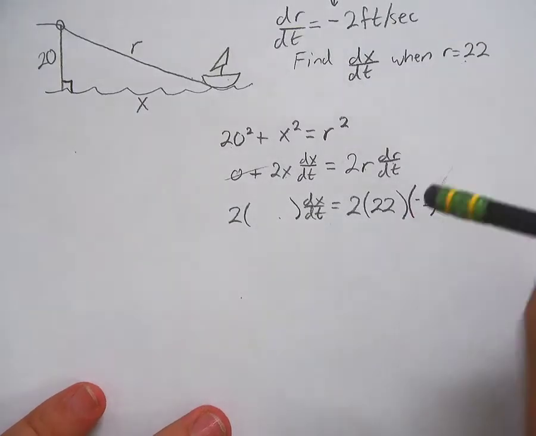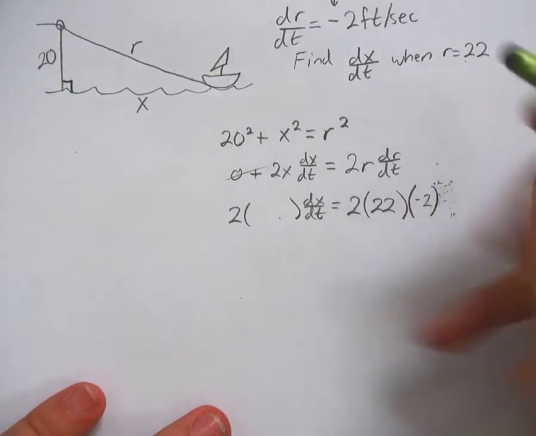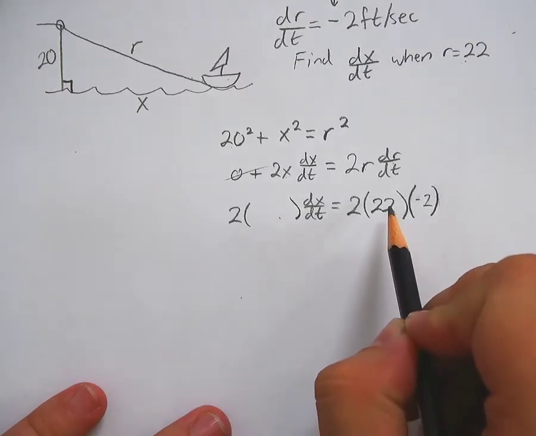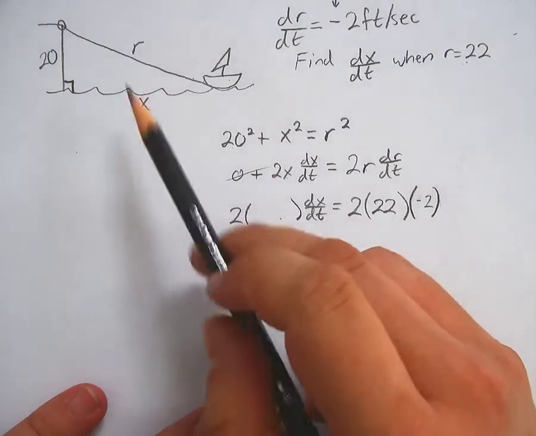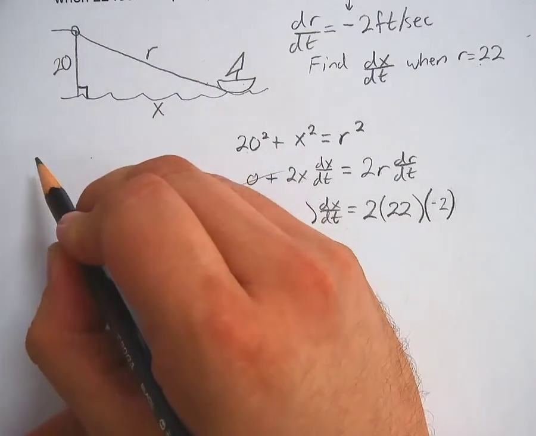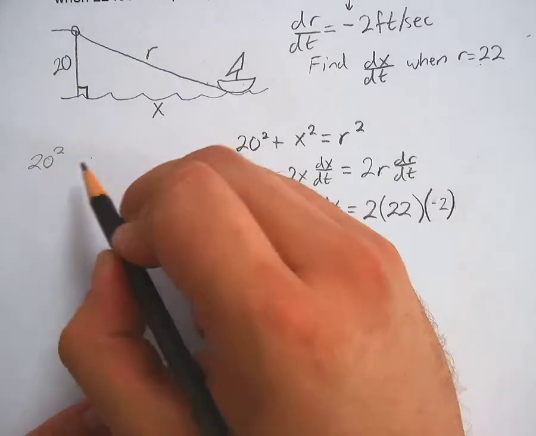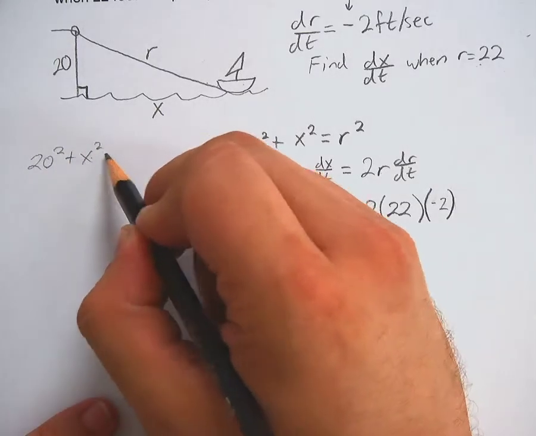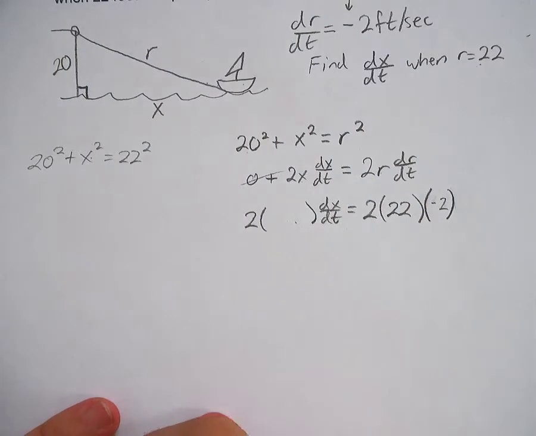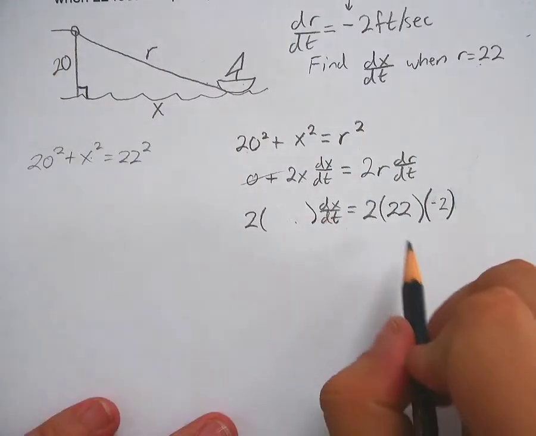So how do I come up with this x when r is 22? Well, I'm just going to go up here and plug it in, do a little Pythagorean theorem to it. How about this? 20 squared plus x squared equals 22 squared. That'll give me x when r is 22, wouldn't it?